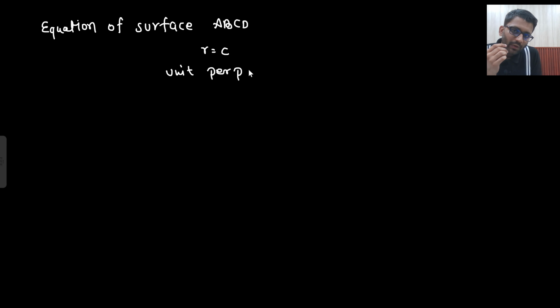So the equation of surface ABCD is R equals constant. So what will be your unit perpendicular vector? The unit vector would be a R cap.